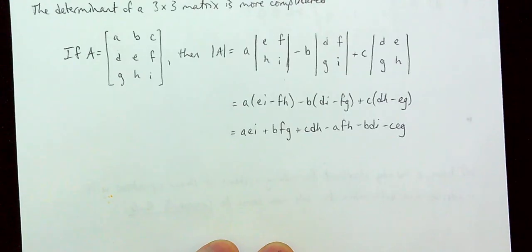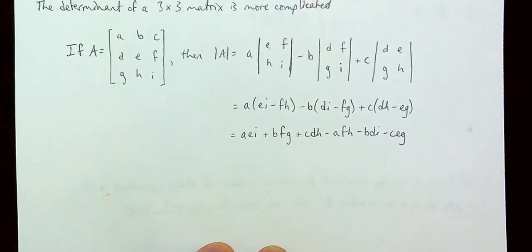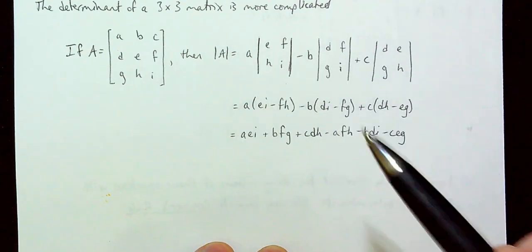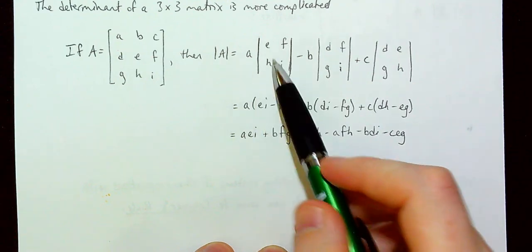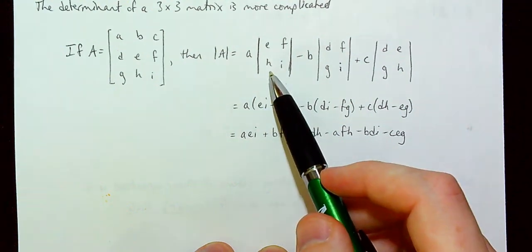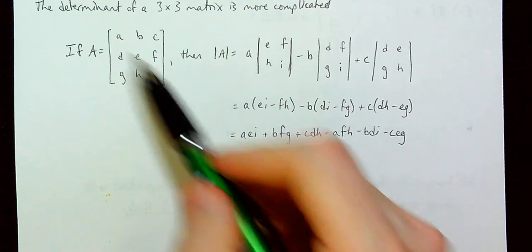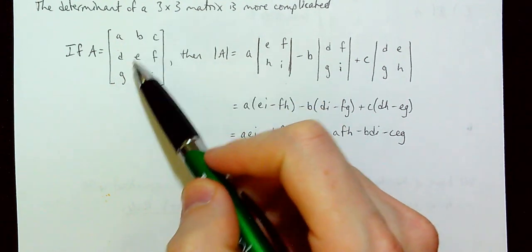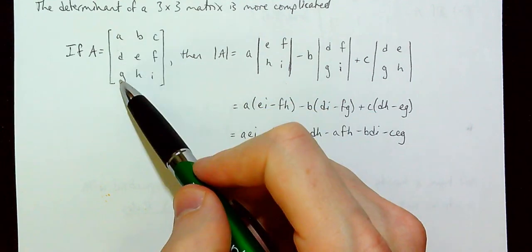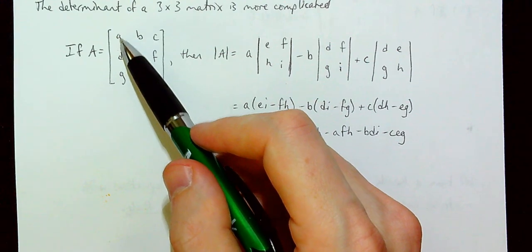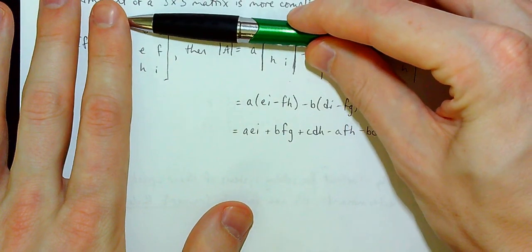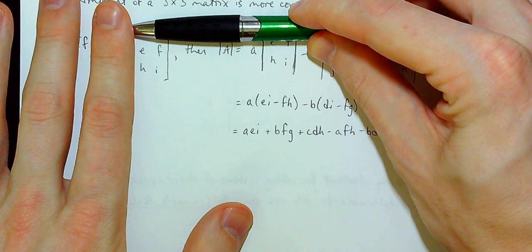Now, let me provide some alternate terminology here for these matrices and just sort of what they are. Here we have E, F, H, I, and I'm going to multiply the determinant of this matrix by A. Note that in my 3 by 3 matrix, if I remove the row and the column that contains that element A, I would be left with that same 2 by 2 matrix.